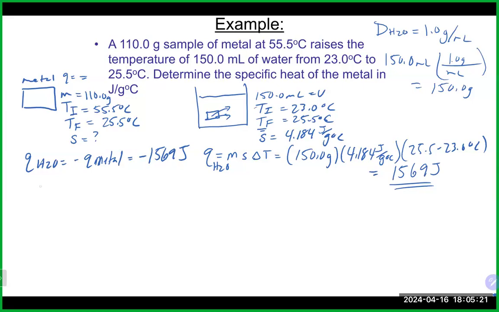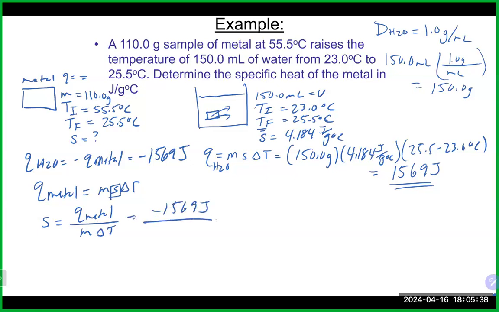Now we could go back into our specific heat equation for our metal. And once again, solve for S. And S would equal Q of the metal divided by M delta T, negative 1569, divided by our mass of the metal, 110 grams, and our final temperature change of the metal, cooler than it started.